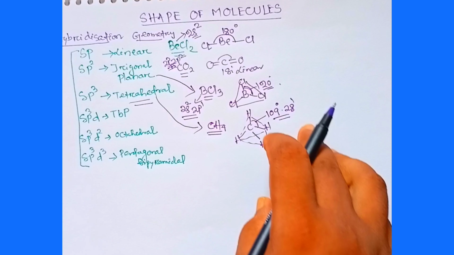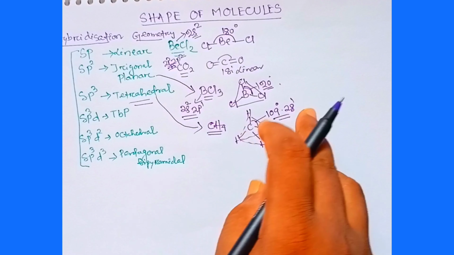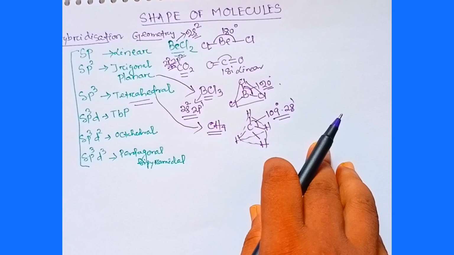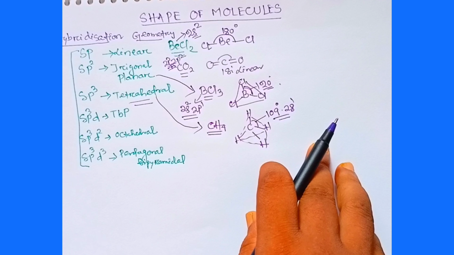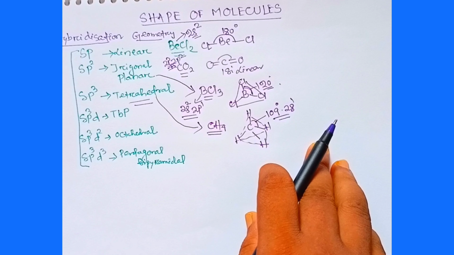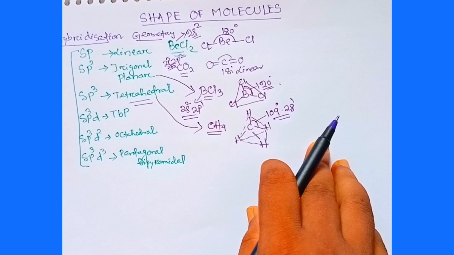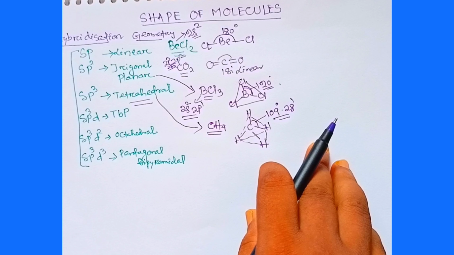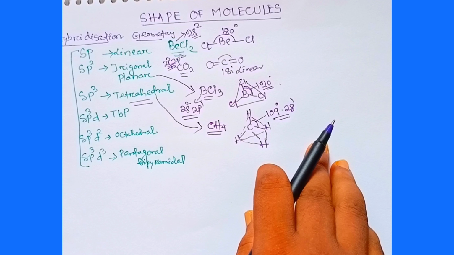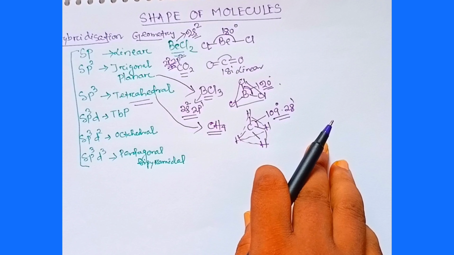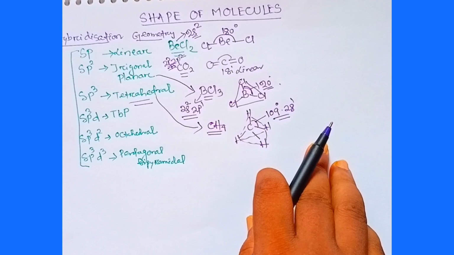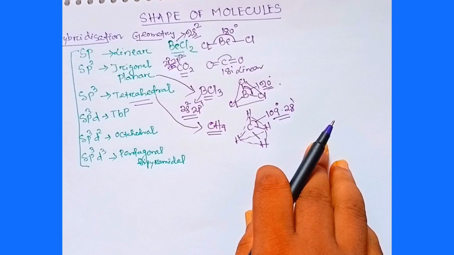Now, in whatever examples we have discussed here, only bond pairs are present. There are no lone pairs here, but whenever there is the presence of a lone pair, at that time the geometry will be somewhat distorted and the shape will be decided accordingly, depending upon the number of lone pairs present over the molecule.